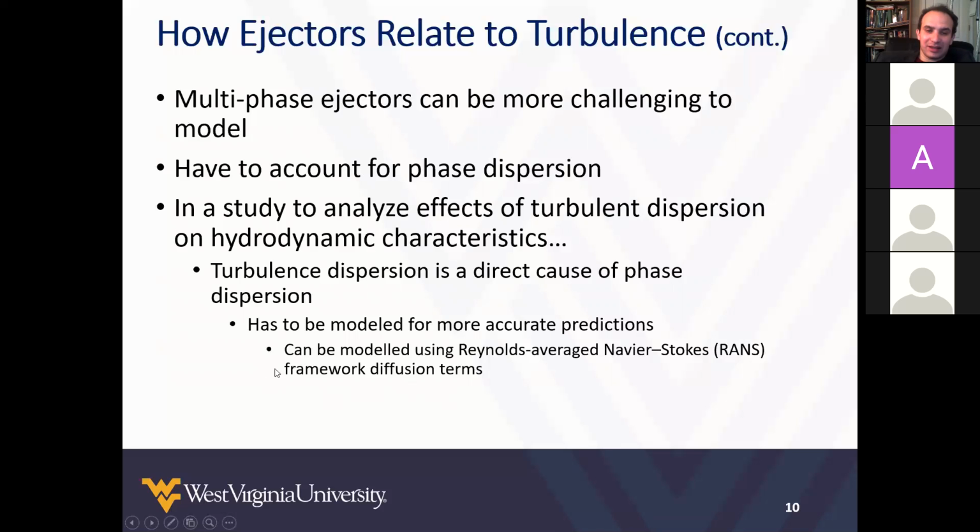I don't know what this specifically was, but an ejector in industry could be pretty large. The fluid coming out of the nozzle could be upwards of, I don't know, 500, 600 meters per second. For my model specifically, our ejector is relatively small.